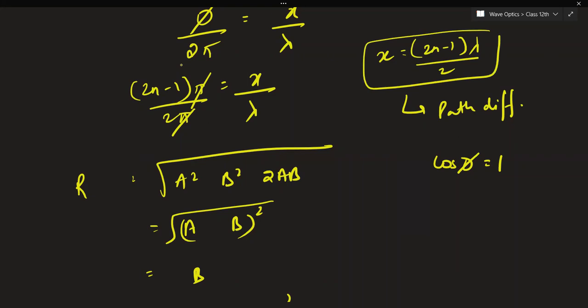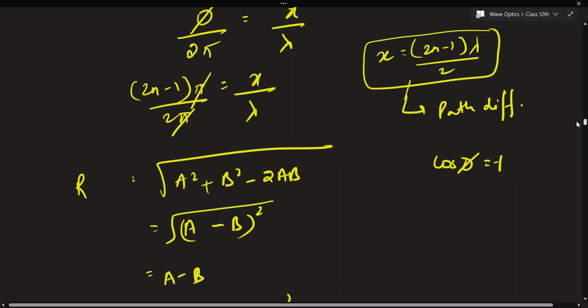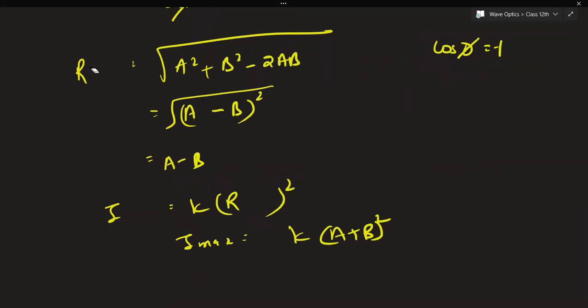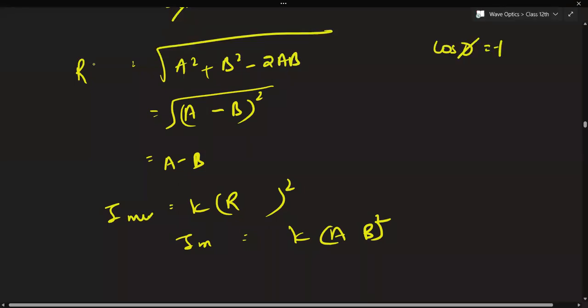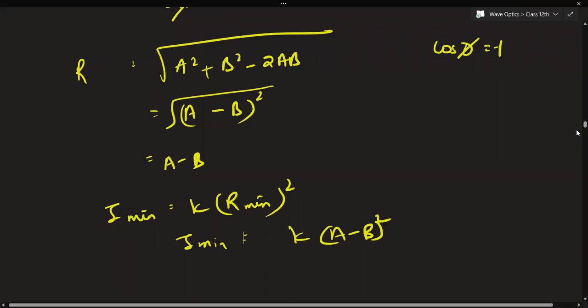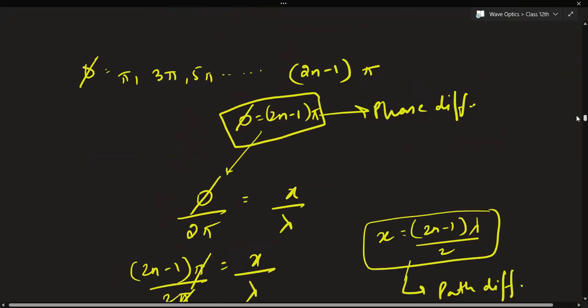This will be the path difference. Because cos phi is -1, so this will be minus 2ab. So a minus b will be left. This is what is important. Similarly, intensity cannot be maximum this time. It will be minimum now. This will be R minimum whole square, minimum A minus B. Same thing, class, as it is, just note it down quickly, class.